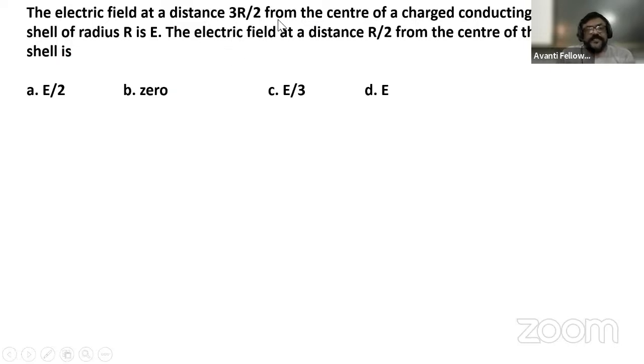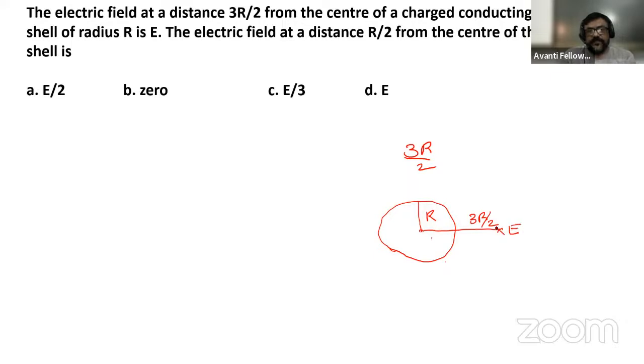The electric field at a distance 3R by 2 from the center of a charged conducting spherical shell of radius R is E. So we have a charged spherical shell of radius R. It is given that the electric field at a point which is at a distance 3R by 2 from the center is E. 3R by 2 means 1.5 R. Definitely, it will be outside the spherical shell.